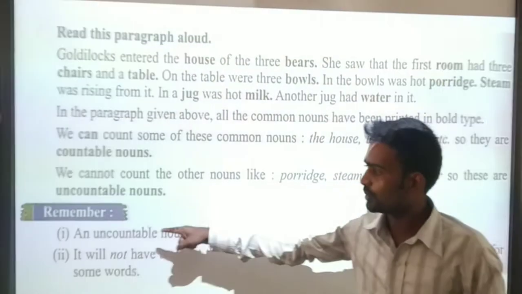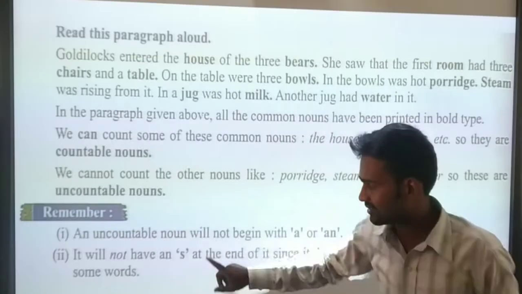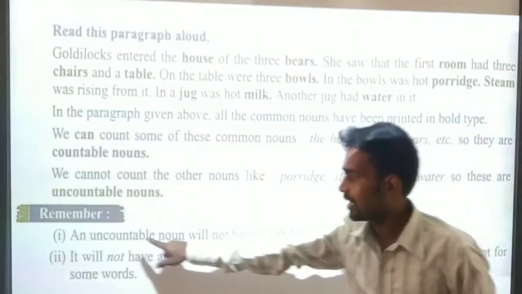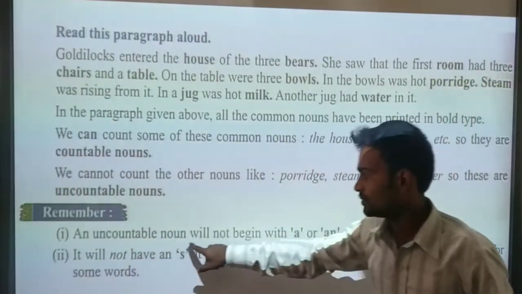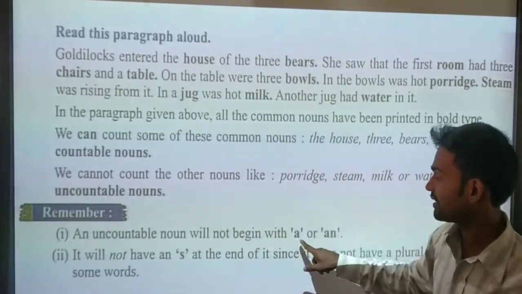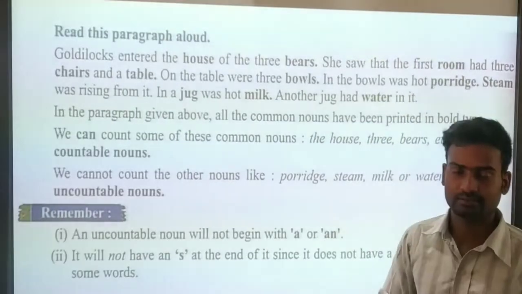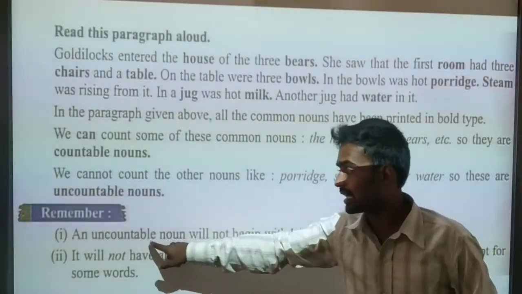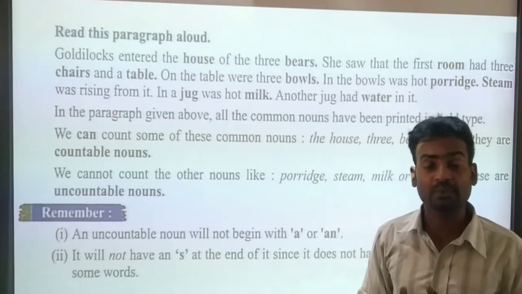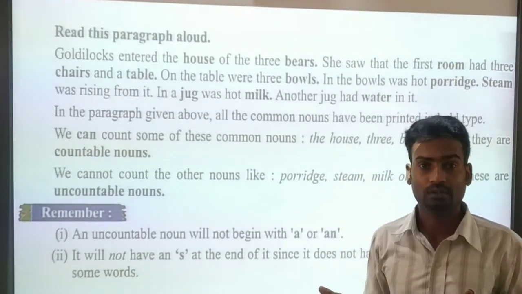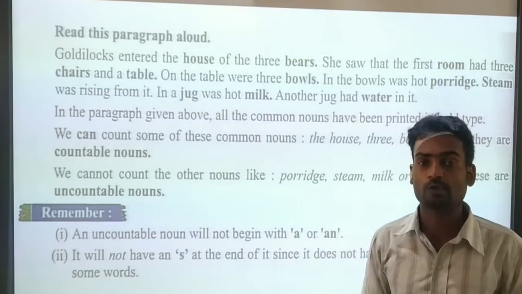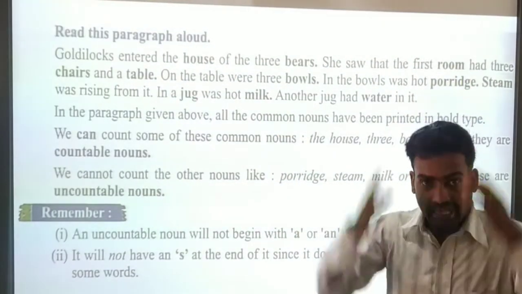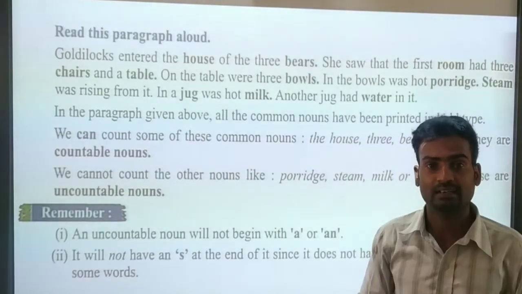Here we go with some notes for you. This is very important. An uncountable noun will not begin with a or an. Read again. Uncountable means more, which we cannot count. As we said, milk, water, hair, sand.